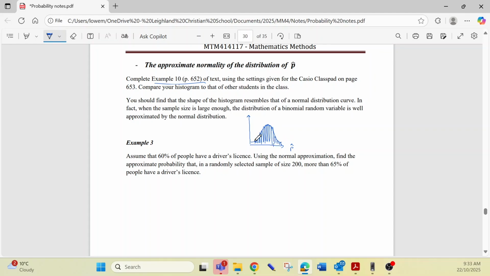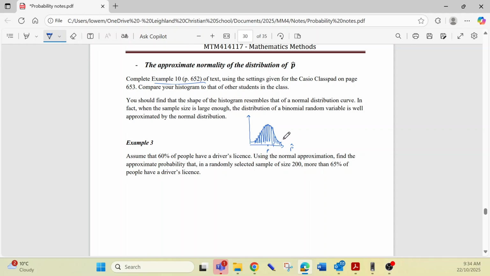So just imagine you get a whole large number of samples. This value right in the middle is actually the population proportion. On any given sample, you may have a sample proportion down here, you may have another one up here, but over the long term, you're going to get more that are closer here.